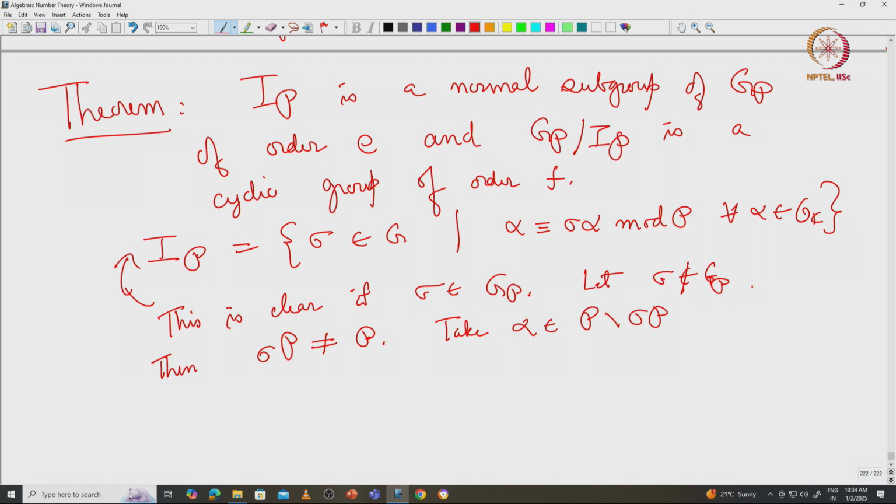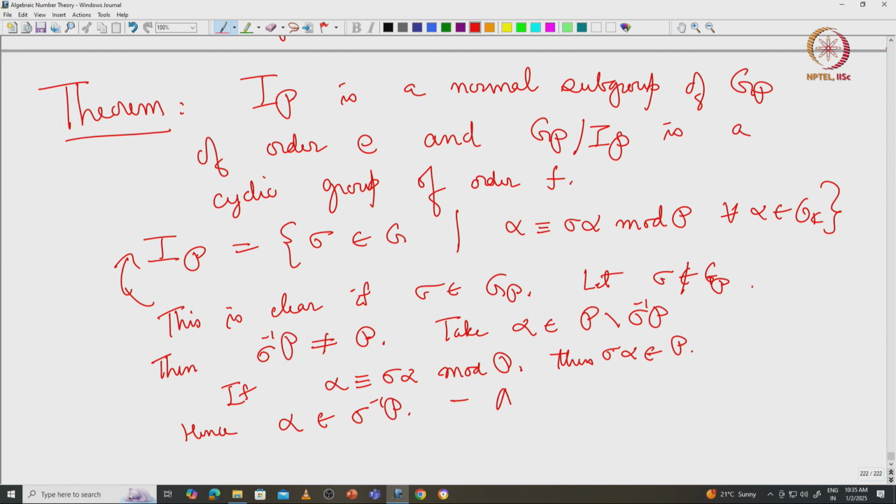So there will be an element alpha which is in P but not in sigma P. Maybe I should work with inverses here, and that will make it better. So, if alpha is congruent to sigma alpha mod P, then sigma alpha will belong to P, because alpha is in P, and hence alpha belongs to sigma inverse P. This is a contradiction.